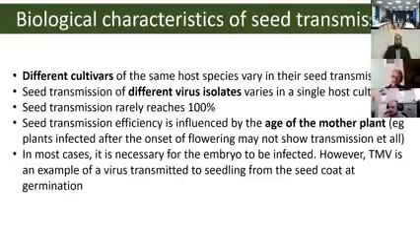If they are infected after flowering, then seed transmission is really very low. And finally, in most cases the embryo is infected with the virus, but in a few cases the virus is externally attached to the seed.